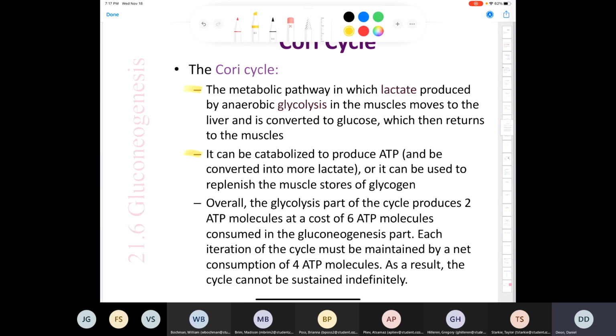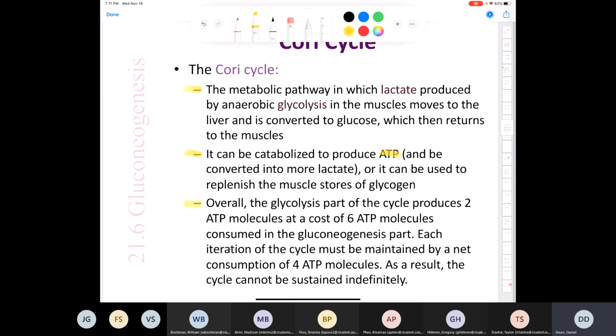Okay. Well, once it's back in the muscles, it's going to get broken down, it's going to undergo catabolism to produce ATP, and it can be converted into more lactate, or it can be used to replenish muscle stores with glycogen, which is a polymer of glucose. Overall, the glycolysis part of the cycle produces 2 ATP molecules at a cost of 6 ATP molecules consumed in gluconeogenesis.